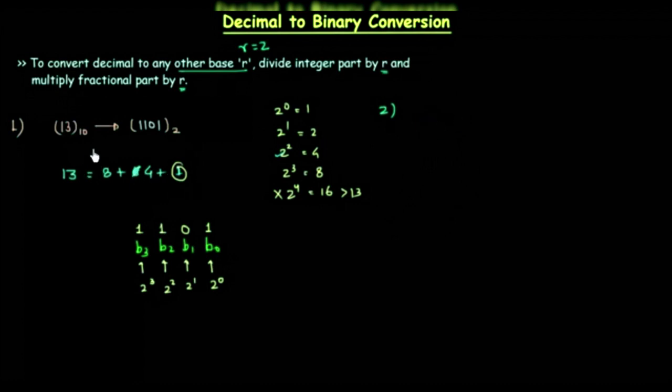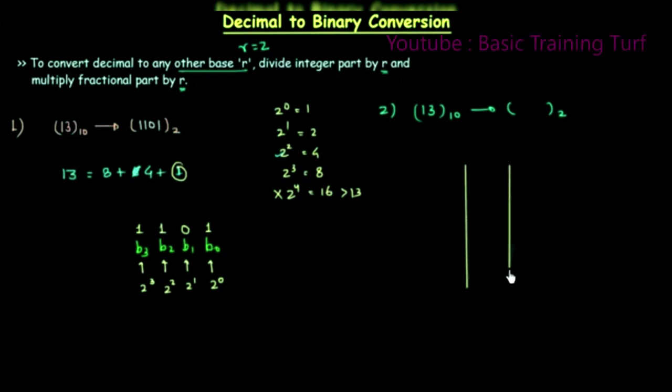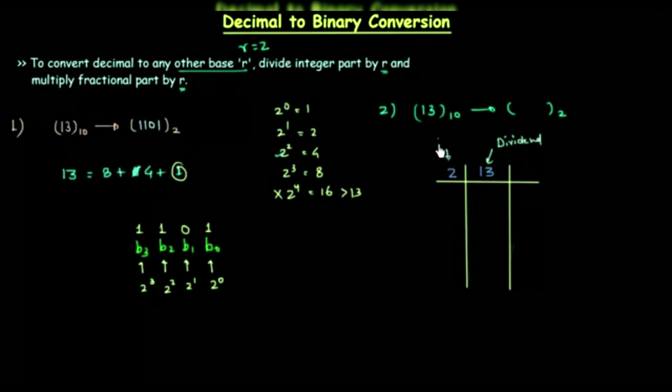Let's consider the same scenario. The number is 13. Now we have to divide 13 by 2. So we will do this quickly. 13 and 2. 13 is the dividend and 2 is the divisor.